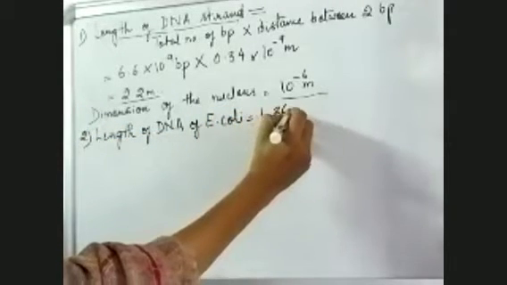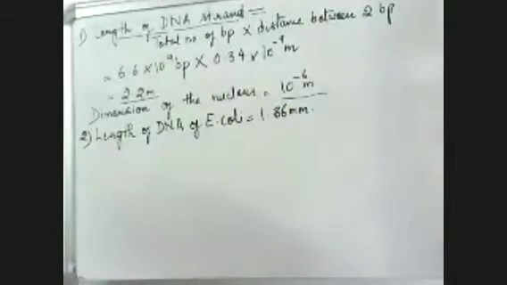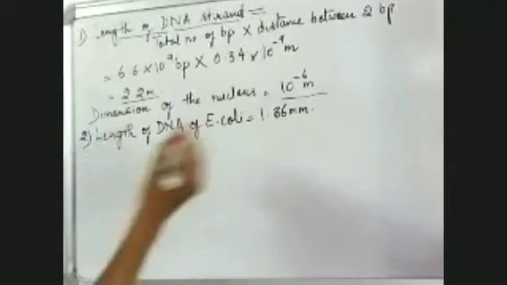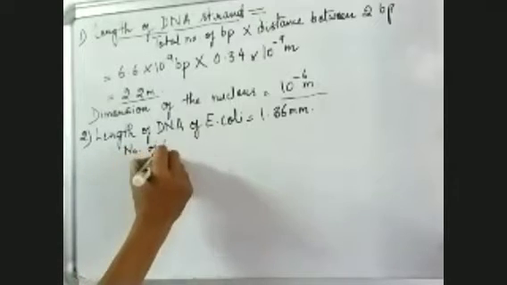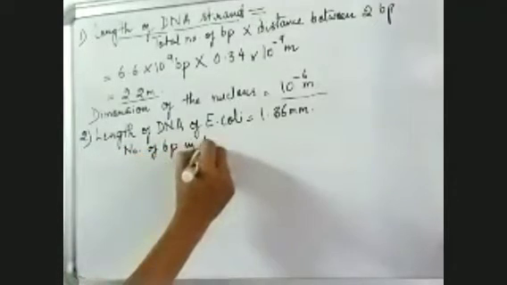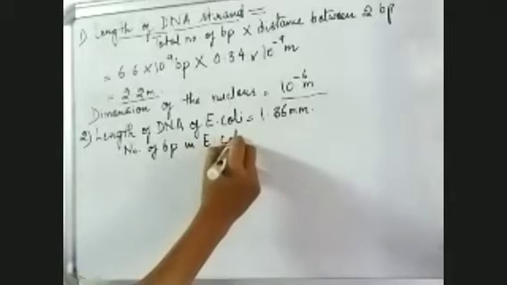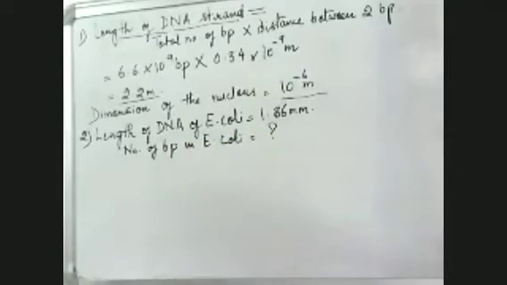They have given the length of DNA of E. coli, and you are asked: can you calculate the number of base pairs in E. coli? This you have to find out. So how to find out the number of base pairs?